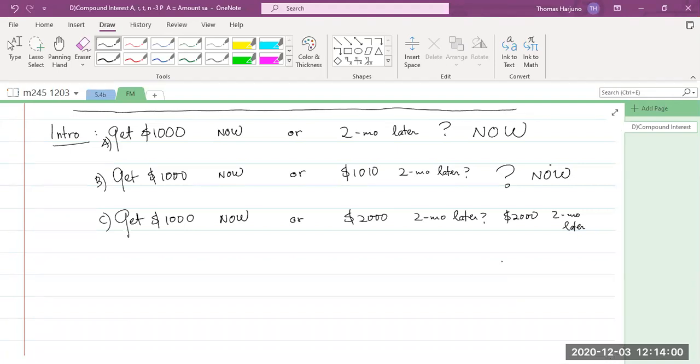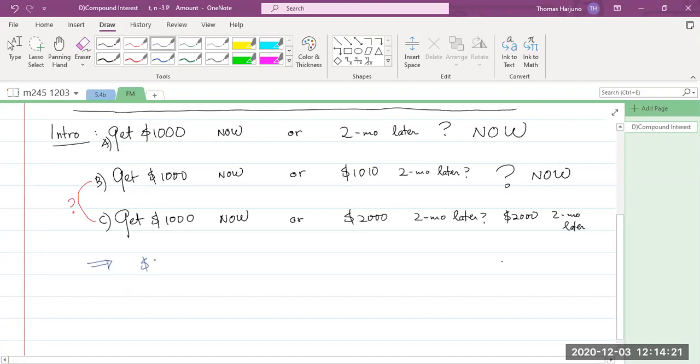So you see, between these two options, there is a number at which we are willing to trade the $1,000 right now for some amount 2 months later. Let me rephrase the situation. Will this $1,000 right now be equivalent to what dollars 2 months later for you?